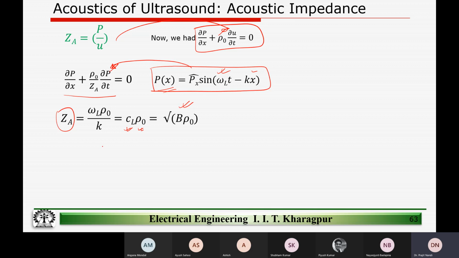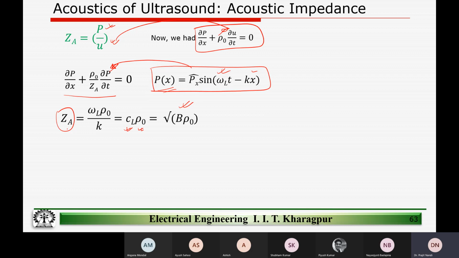So the acoustic impedance is also, see, the pressure and the velocity of the wave are not under our control. I mean, velocity is, of course, but the pressure that we are exerting is not a fundamental material property.